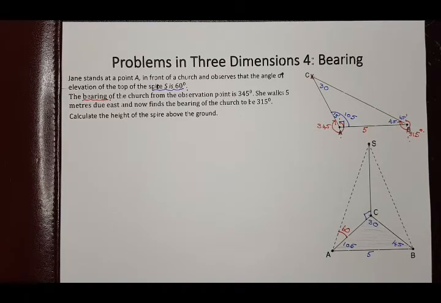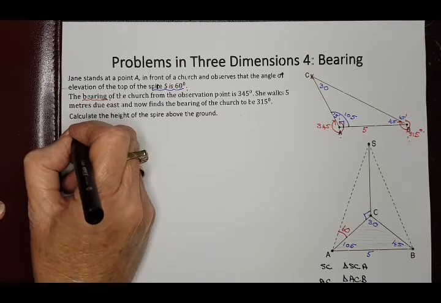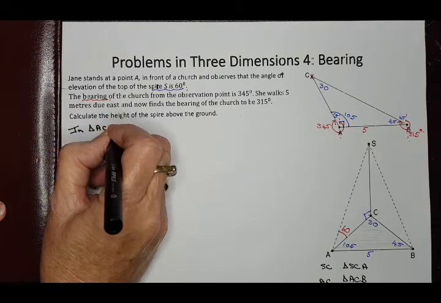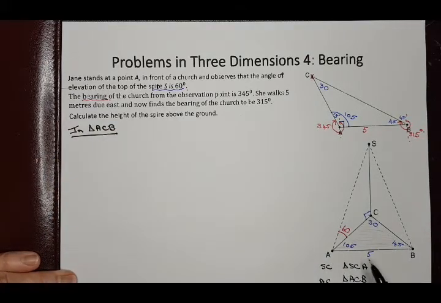Again, we have to do our plan. Ultimately, I want to find SC, and if I want to find SC, I'm going to have to work in SCA. Before I can work in that triangle, I need to work out AC by working in triangle ACB. So that's my plan of action. We start off by saying in triangle ACB, I have a side and its opposite angle.